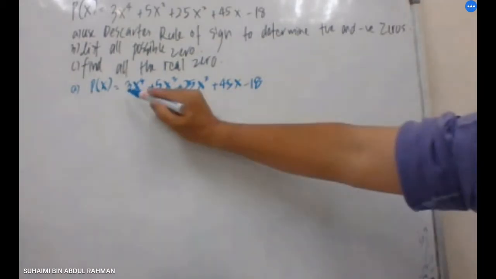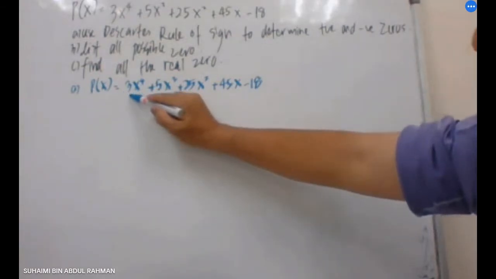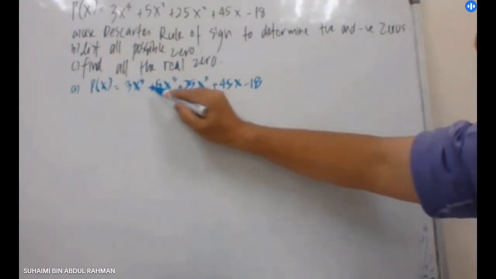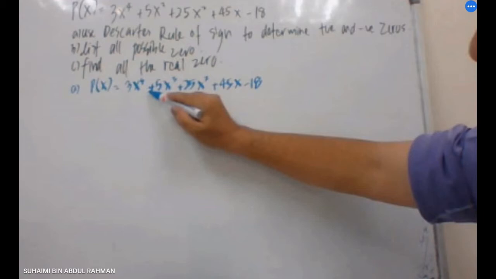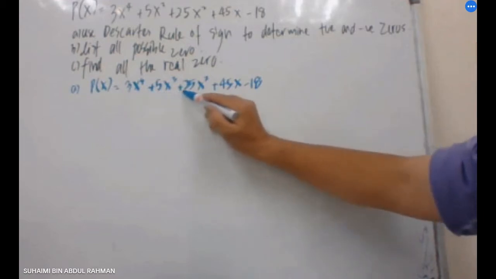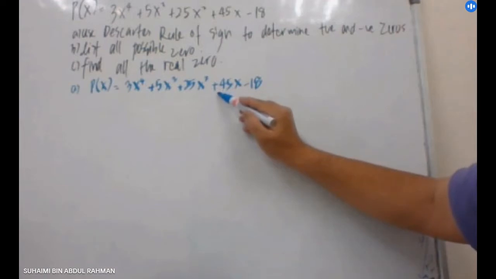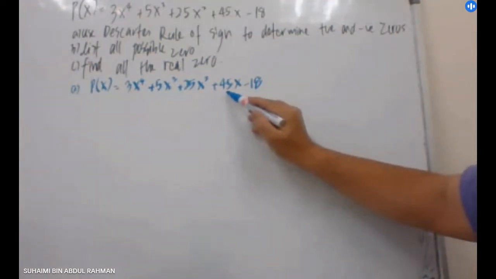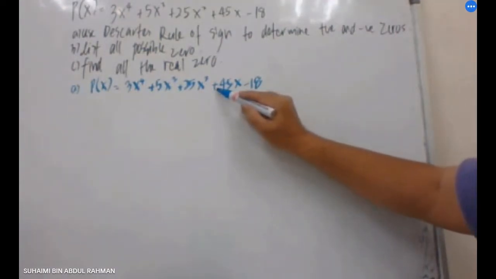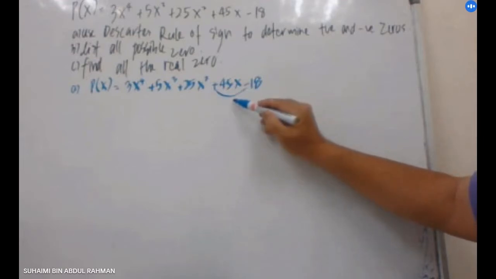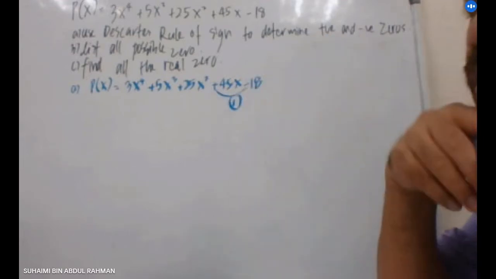The first one, we cannot see any variation of sign from here to here. No variation again, no variation again. But from 45x to minus 18, we see a variation of sign. Therefore, only one variation of sign.